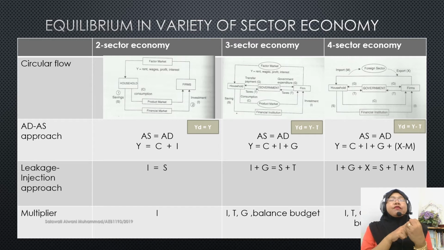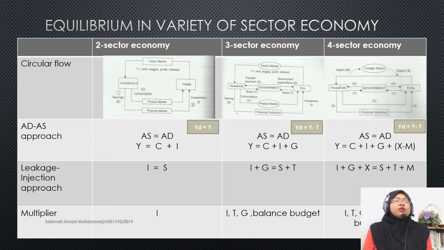Okay. The third type, we have 4 sector economy. So we have households, firms, government, and this is what we call as foreign sector, meaning export and import.